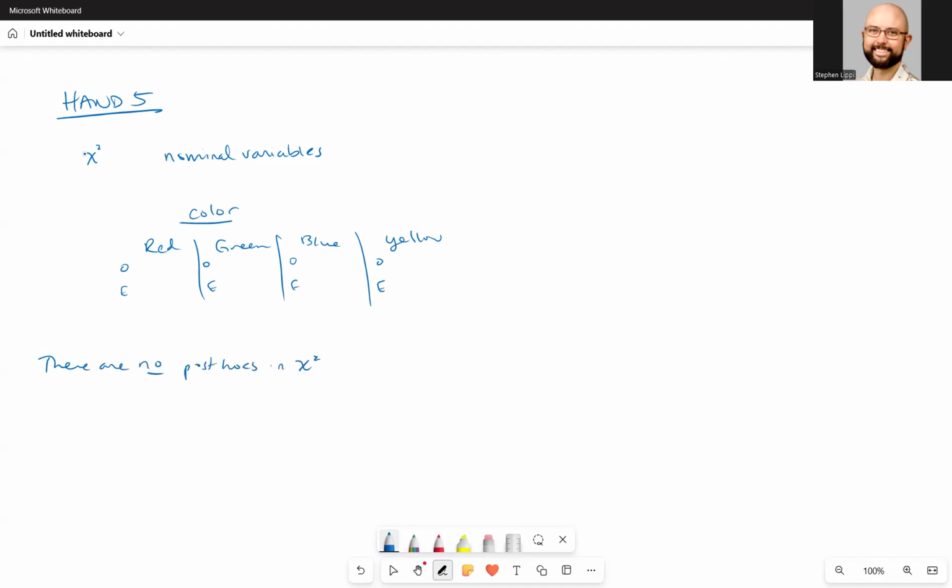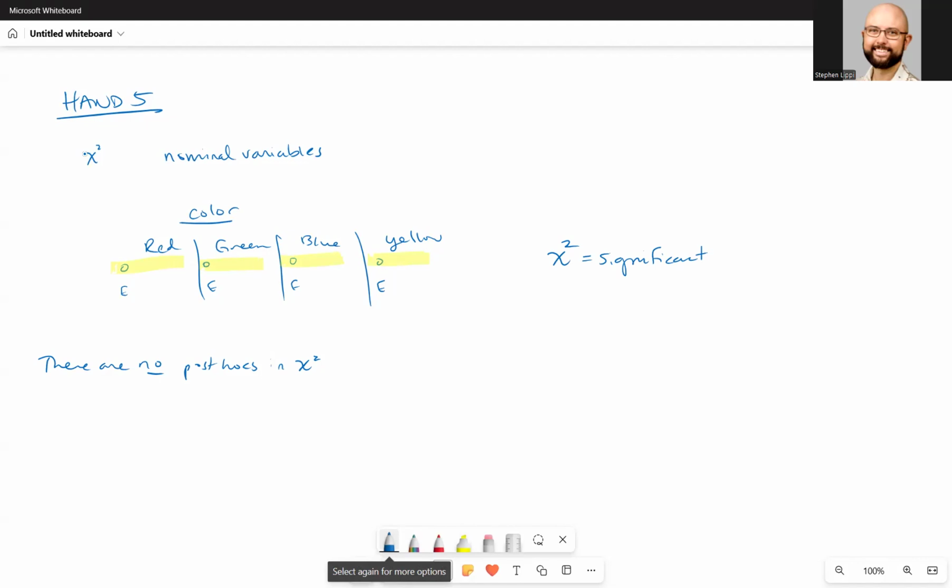Meaning that if we have a significant chi-square value, then all we can do is take a look at our observed values, and we can just comment on which of those groups seems to be more chosen, selected, preferred, etc., right?